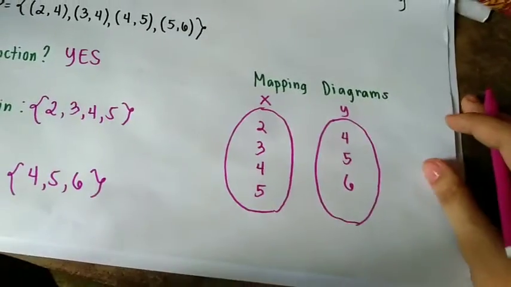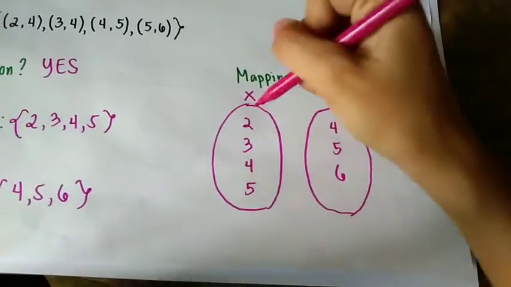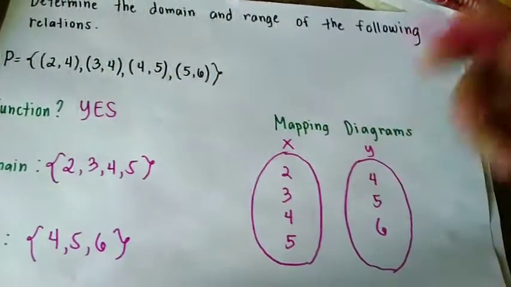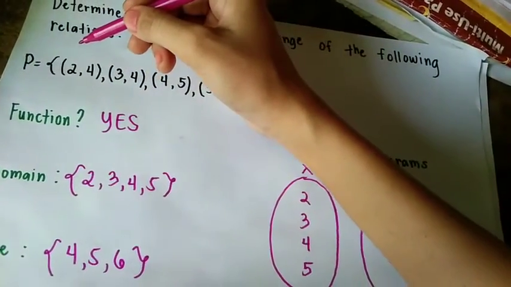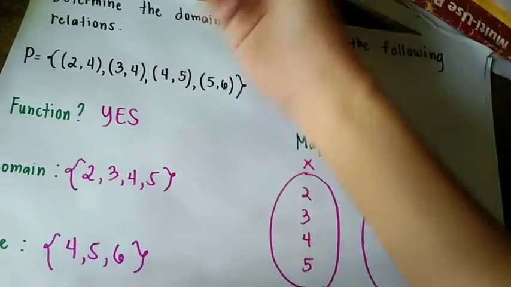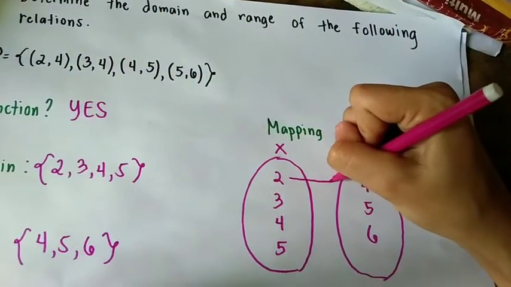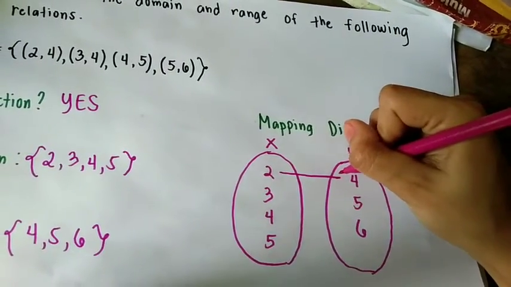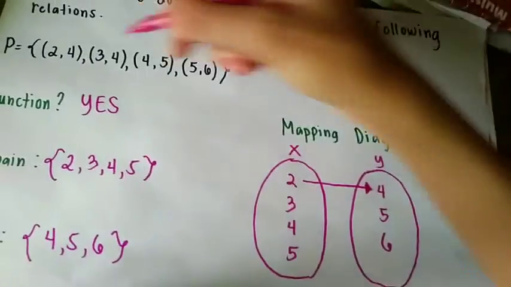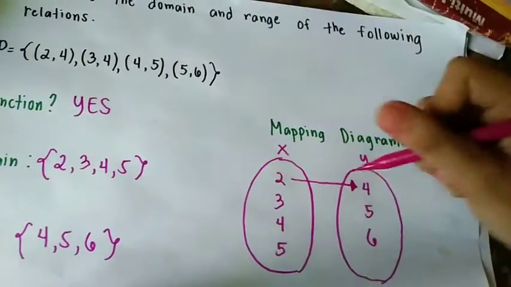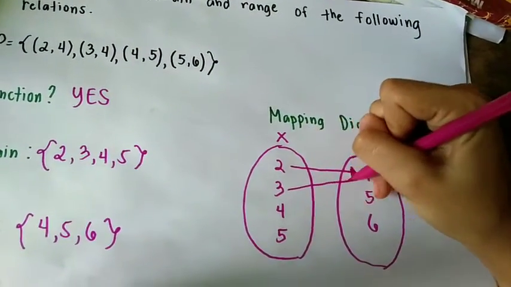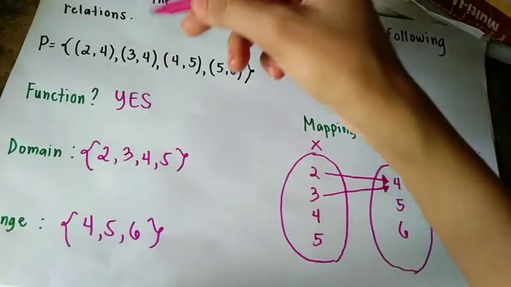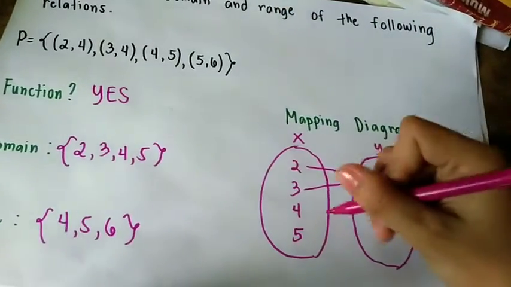Now, we're just gonna draw arrow to connect each of the ordered pairs. So, first is 2 and 4. So, let's draw an arrow. 2 and 4. Next, 3 and 4. Next, 4 and 5.